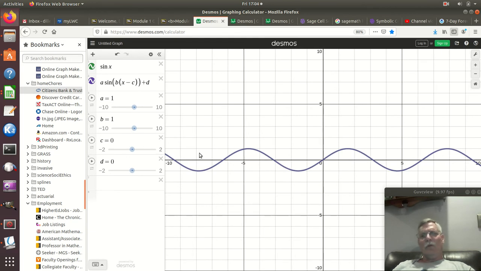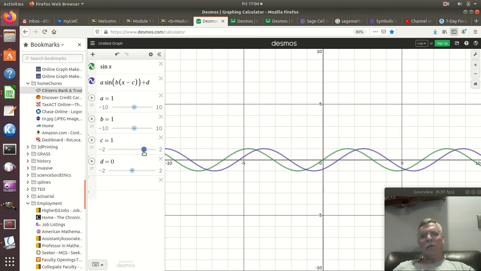And we can notice that if we change some of these other things, it actually does not lift up or move down the function here. So let's go to C, and as I move C to the right, the graph moves to the right by that amount.